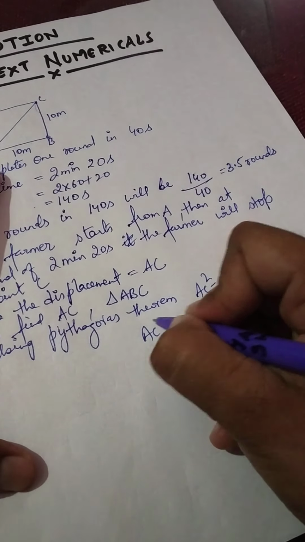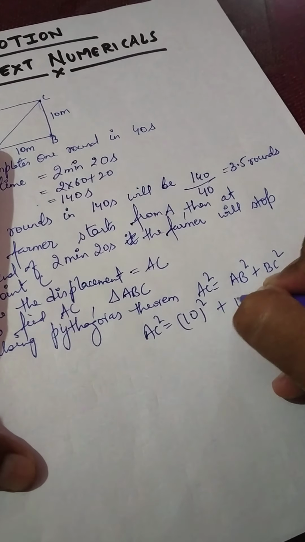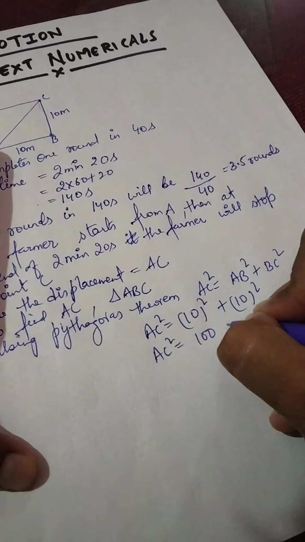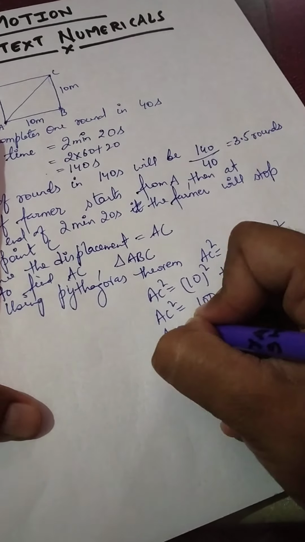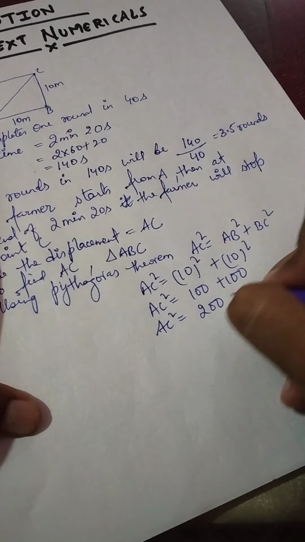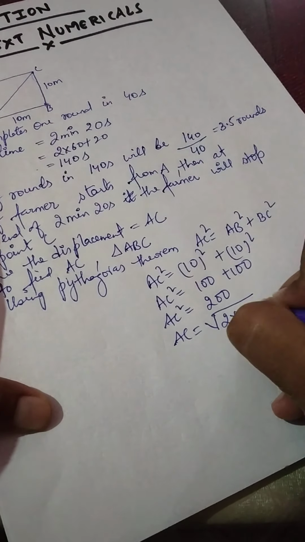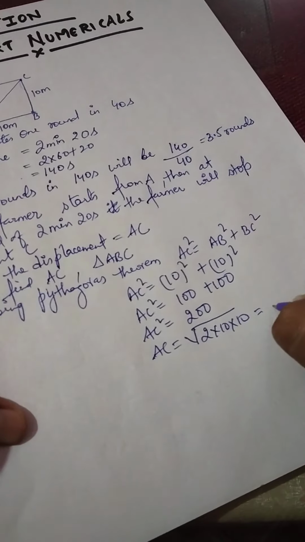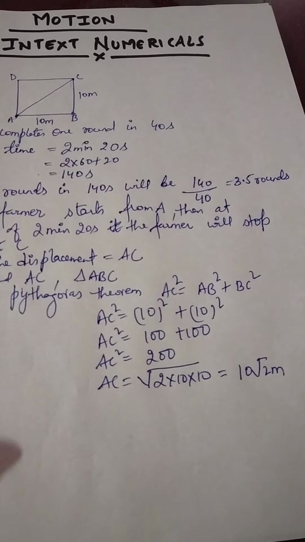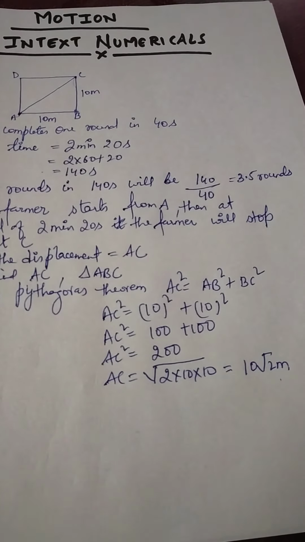We have AC square equals, each side is 10 meters, so if you solve, it will be 200. AC will be 10 root 2 meters. As the displacement of the farmer AC will be 10 root 2 meters.